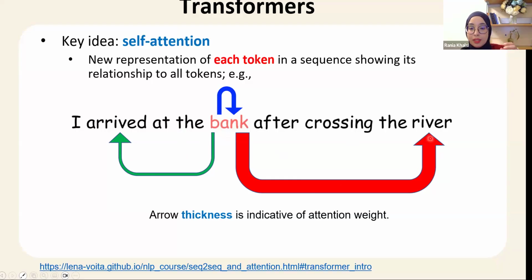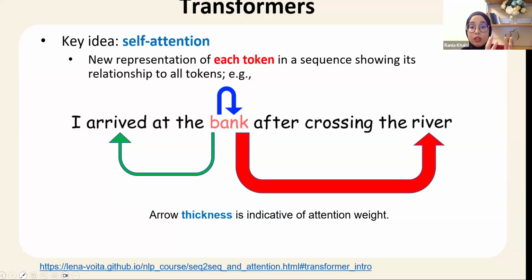But bank and river here have more important weights. The arrow thickness indicates the attention weights, and the one in red shows the correct contextual meaning and the relationship between the word bank and river, given the self-attention mechanism.